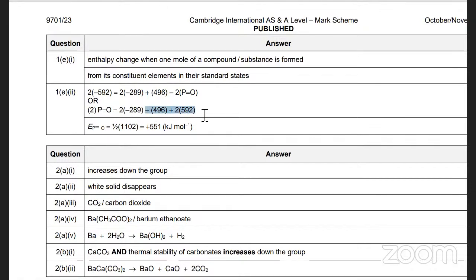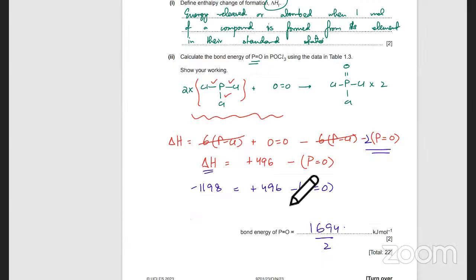The first part. They even added oxygen. The oxygen is fine, that's not the issue. No, we didn't add oxygen. We did add oxygen, that's 496.